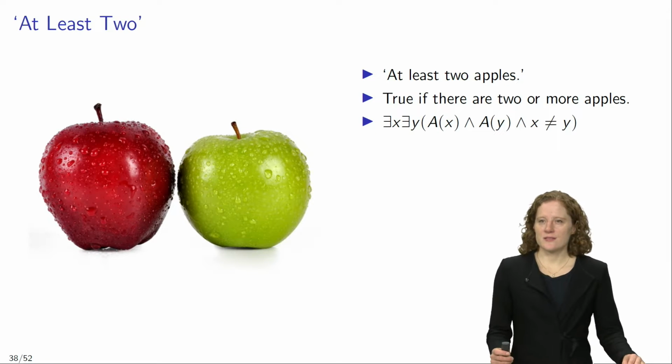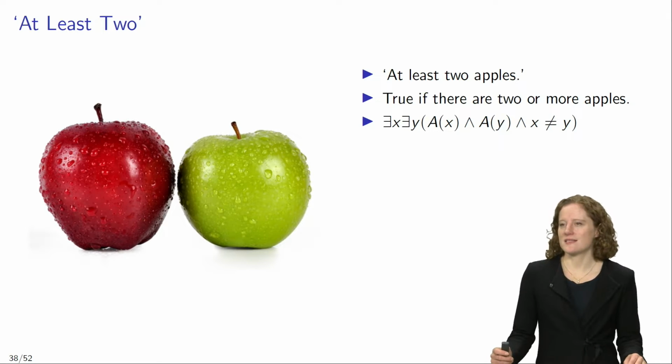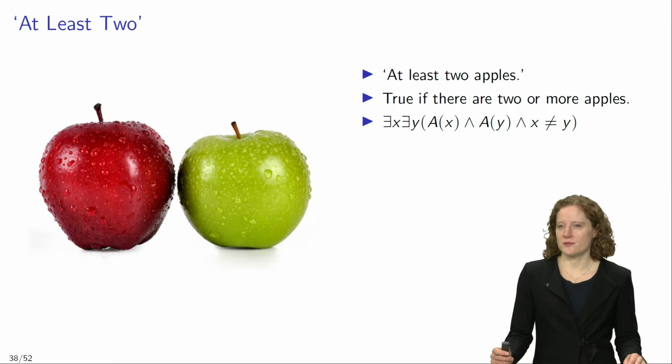Now, suppose that you want to symbolize the sentence there are at least two apples. Now, this sentence is true if there are two or more apples, but it is false if there are fewer than two apples. To symbolize this sentence, you need to use two existential quantifiers and say that there is an x and there is a y, such that Ax and Ay and x is not identical to y.